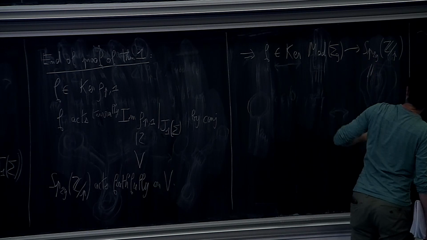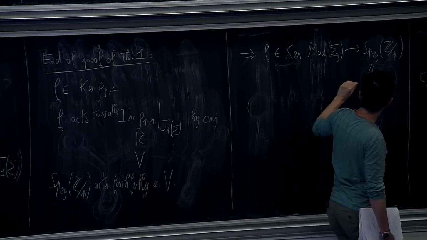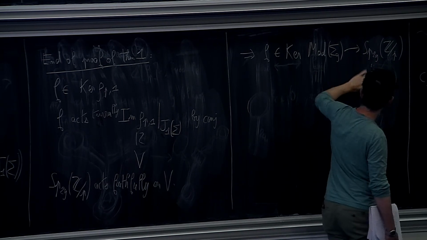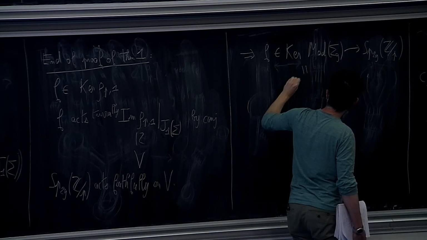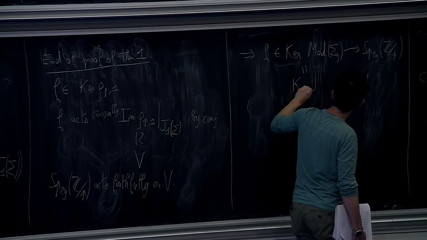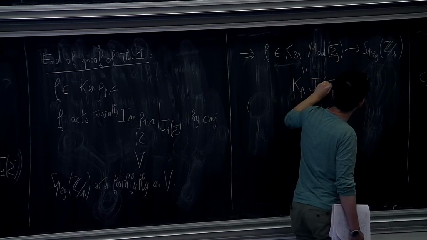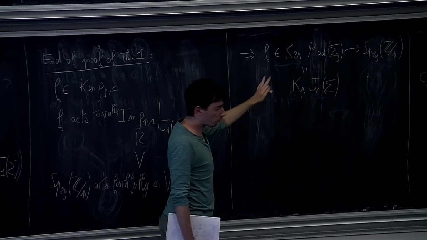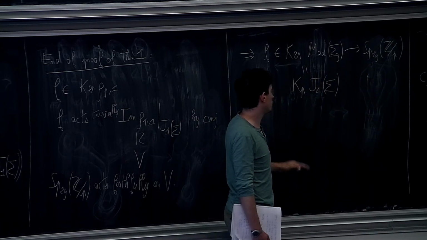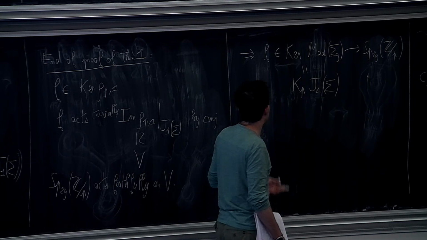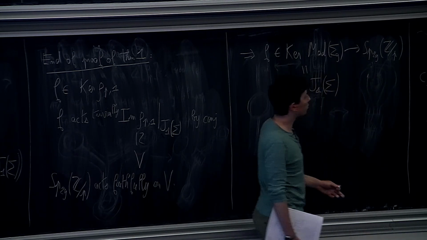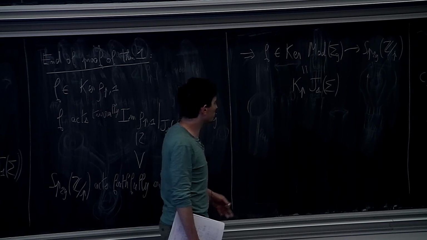And you can prove that the kernel of this map is the same as K_p times 1. Well, you need to know about congruence subgroups of the symplectic group to be able to prove this.